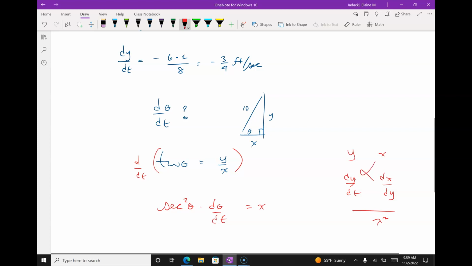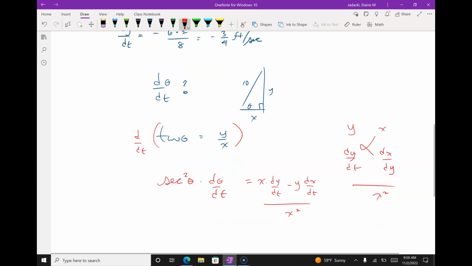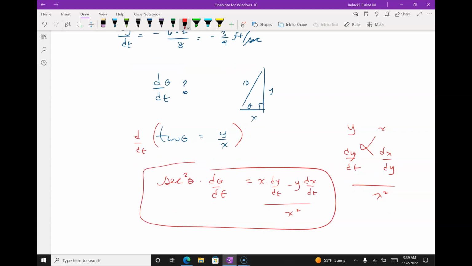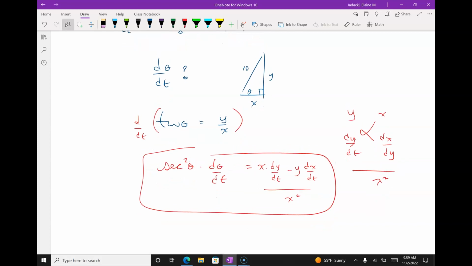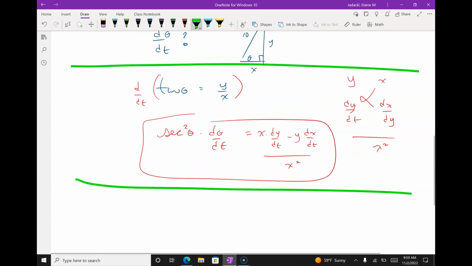So what do I get? I get x dy dt minus y dx dt all over x squared. Don't be surprised if I do that one on your test. What else is changing in this triangle? What else is changing?